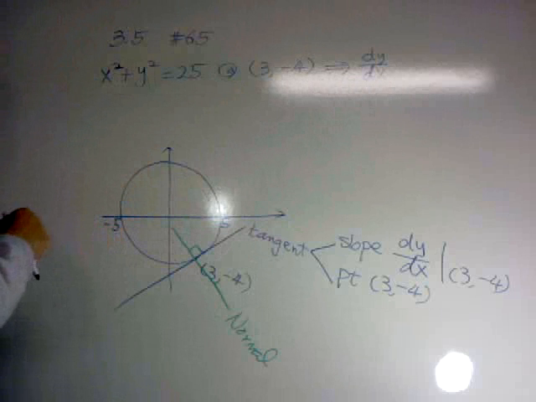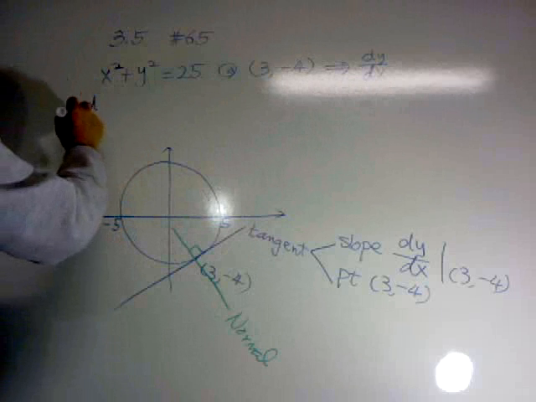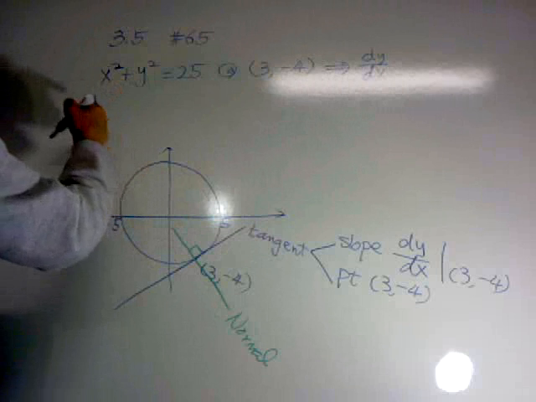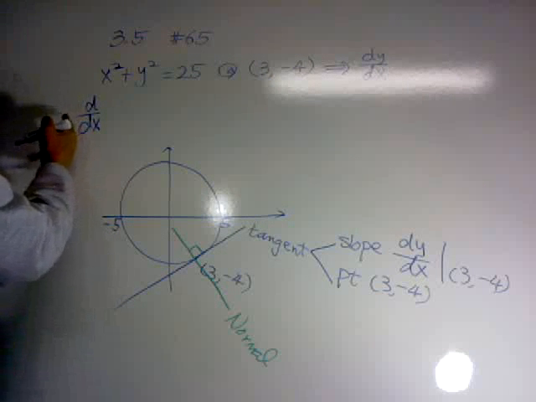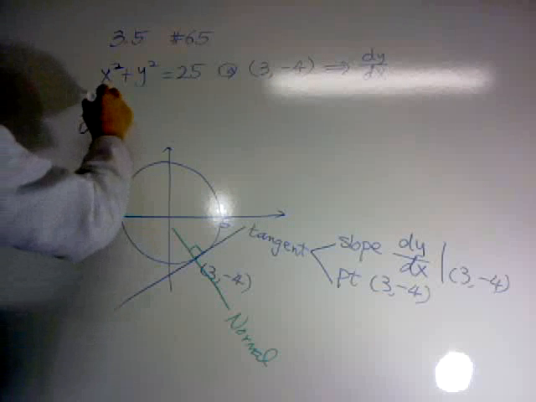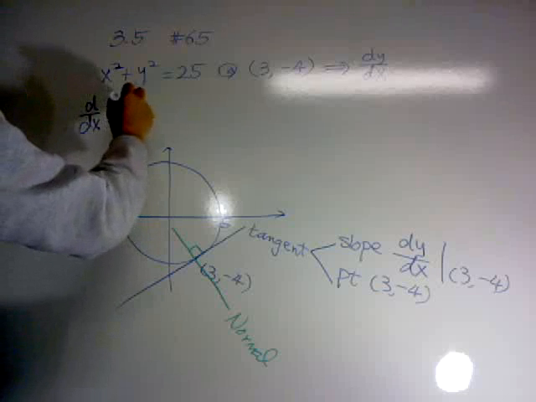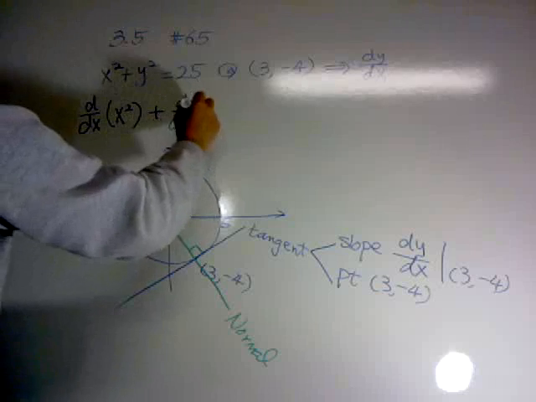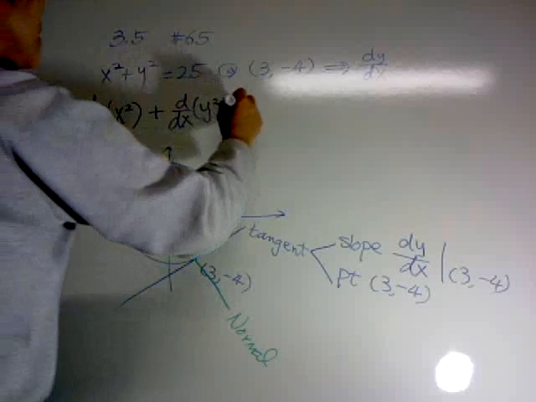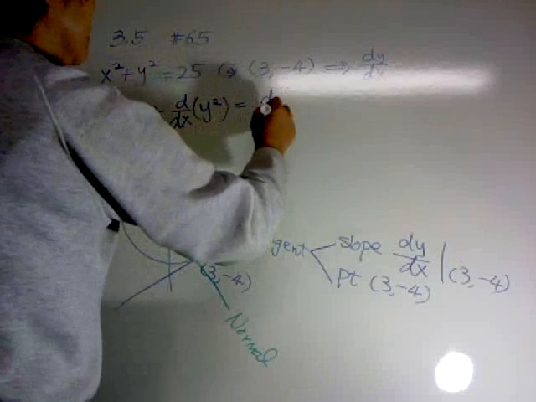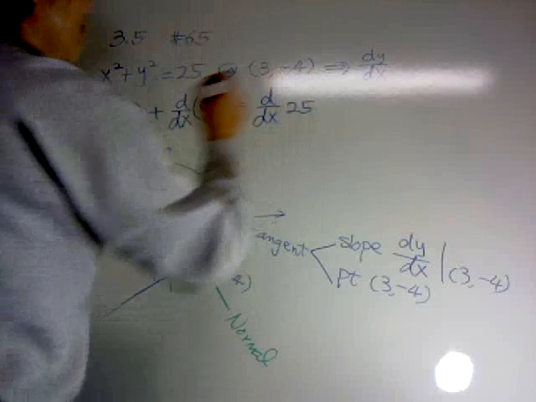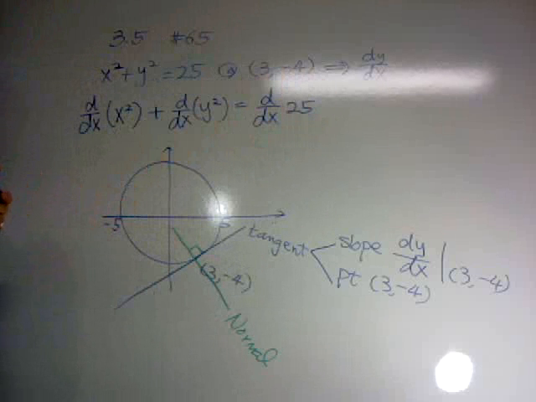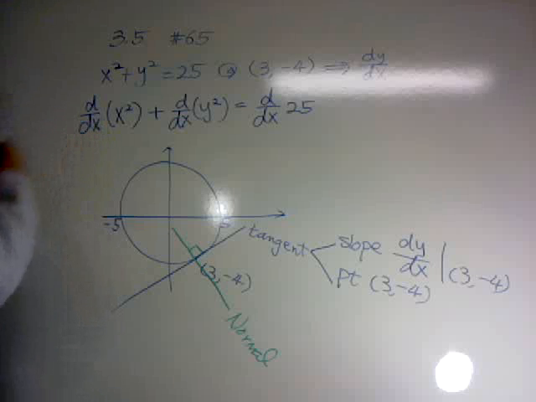We need implicit differentiation, and in order to do that, we are going to apply d/dx, meaning the command: differentiate the following with respect to x. So we are going to differentiate x squared plus y squared equals d/dx of 25. Of course, the right-hand side is easy. The derivative of 25 with respect to x is 0. What about the left-hand side?